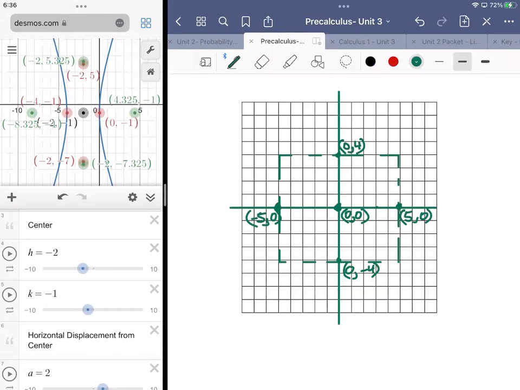All right, so then I create my asymptotes.